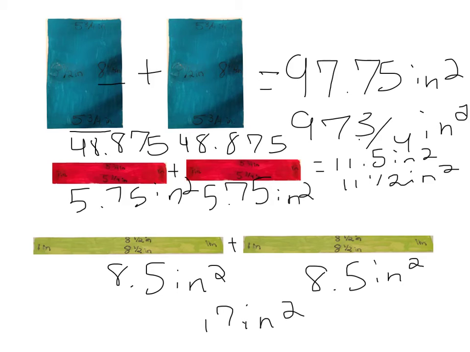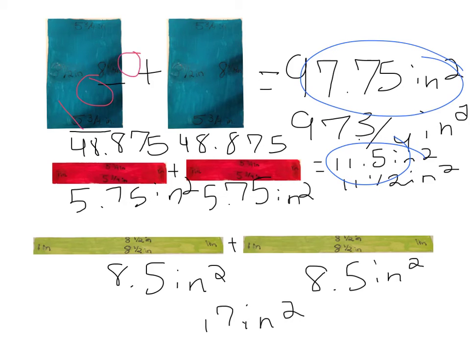To find the surface area, we need to add this area and this area together first to get the total of 109.25 inches squared. That could also be said as 109 1/4 inches squared.